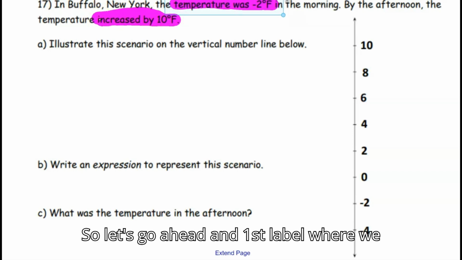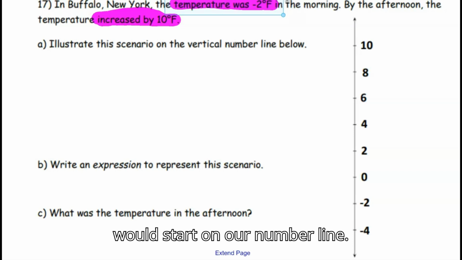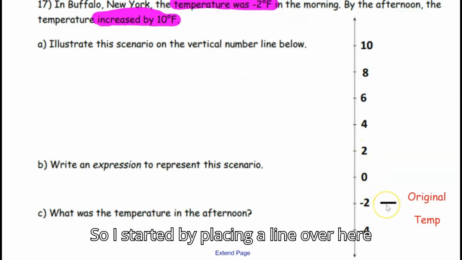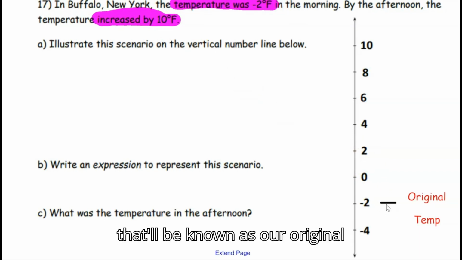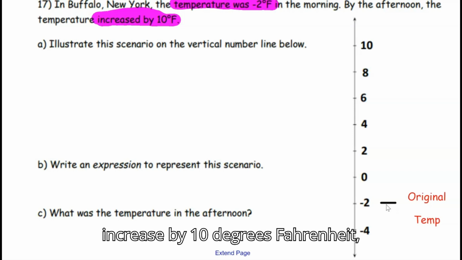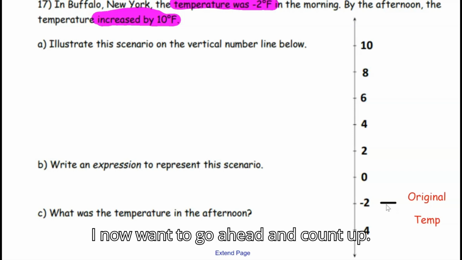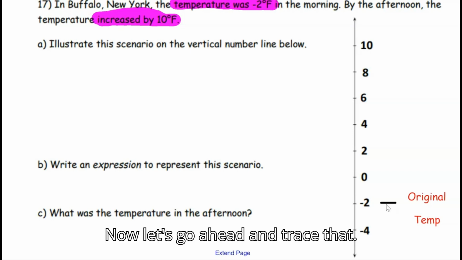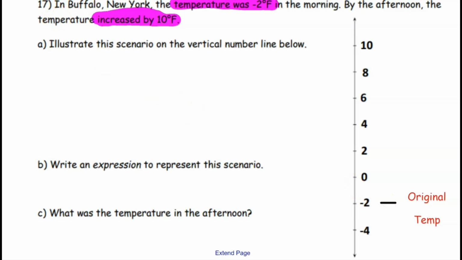Let's first label where we would start on our number line. I started by placing a line over here. That will be known as our original temperature. Since we're going to increase by 10 degrees Fahrenheit, I now want to count up. Now let's trace that.